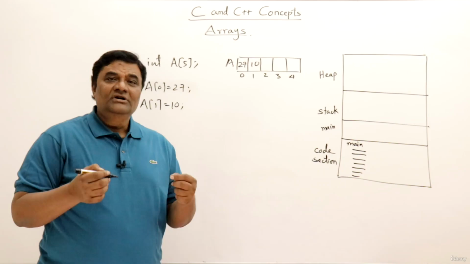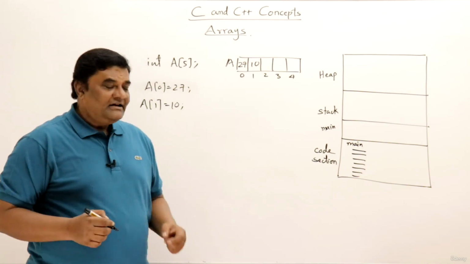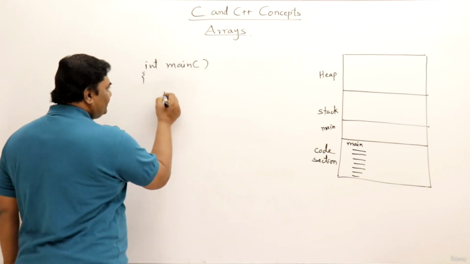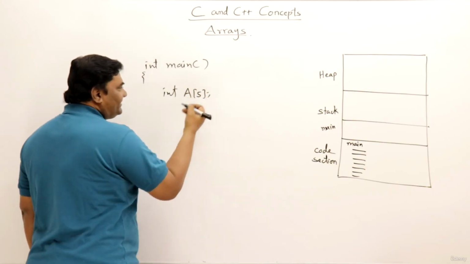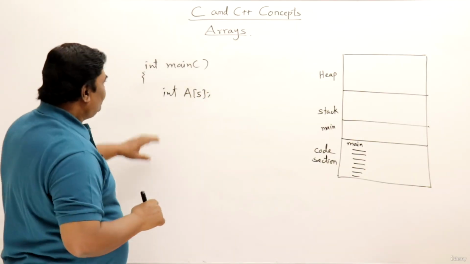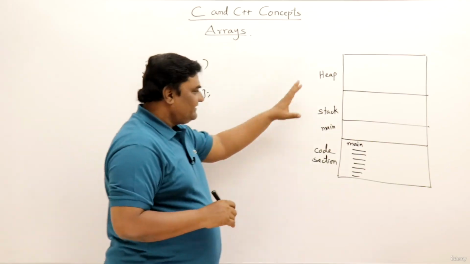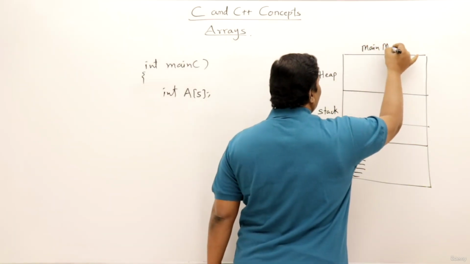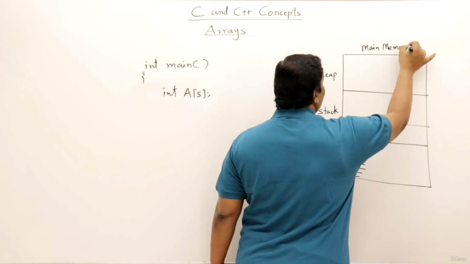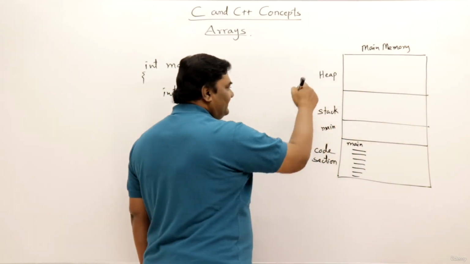Now I will show you how to declare and initialize an array. I will write the main function. In this, suppose I want to declare an array a of size 5, an array of size 5 will be created. Now when the program is running, it runs inside the main memory. This is main memory, and the main memory is divided into 3 sections, that is code section, stack and heap.